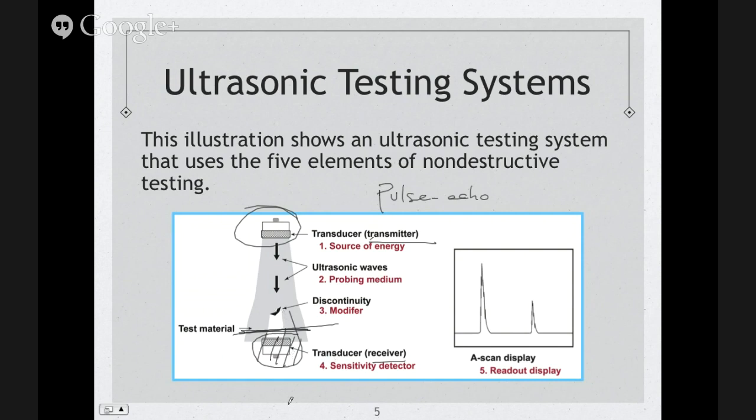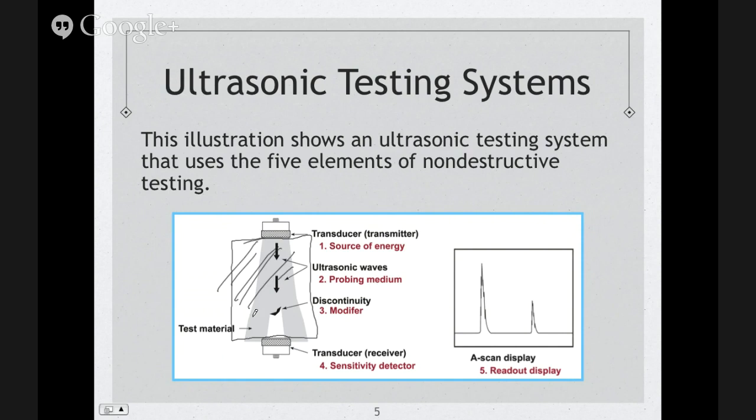And lastly, we have the sensitivity detector, which in this case, because it's a through transmission, is the receiver on the other side of our test material. So obviously our test material would be composed of something similar to this. This is what we're checking.